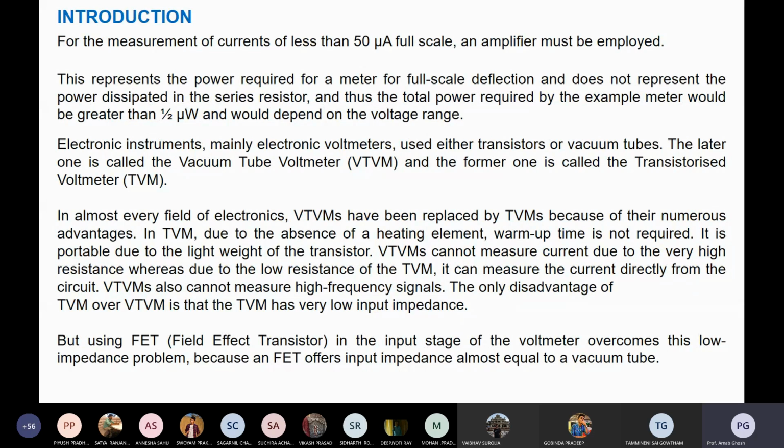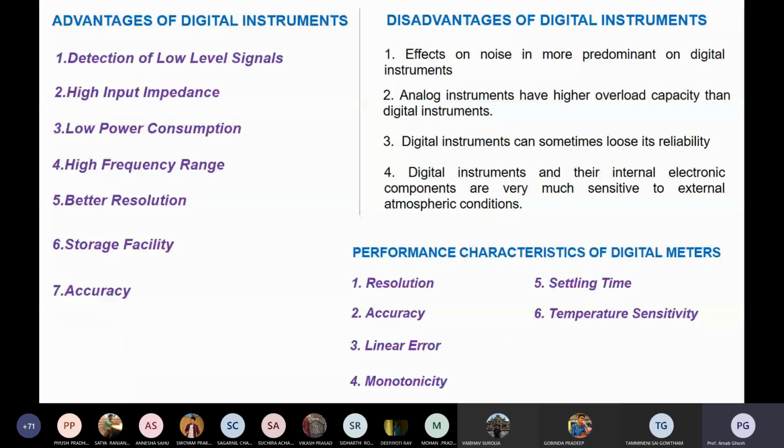So I hope you understand what the most important features of digital instrumentation are, and the benefits of those features. The important benefits were like low signal level amplification, detection of low signals, high input impedance, low power consumption, high frequency range. Different advantages were there, that I already discussed.